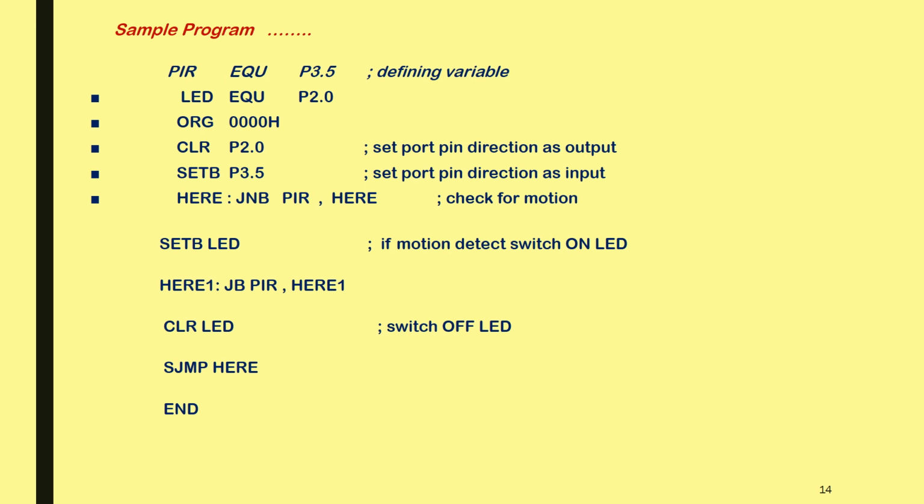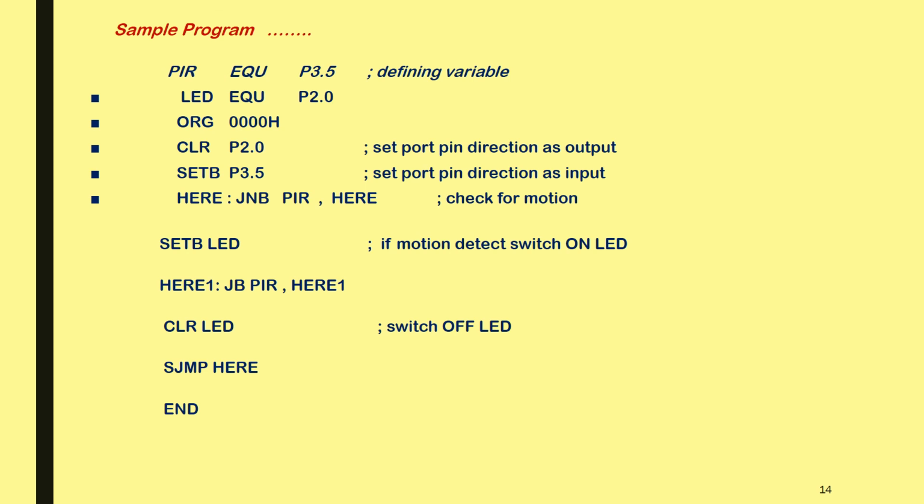If it is set, switch on the LED, and if the jump-if-bit-set holds, remain in the loop. Otherwise, clear the LED and go back, again jumping to check the PIR status as the last instruction.